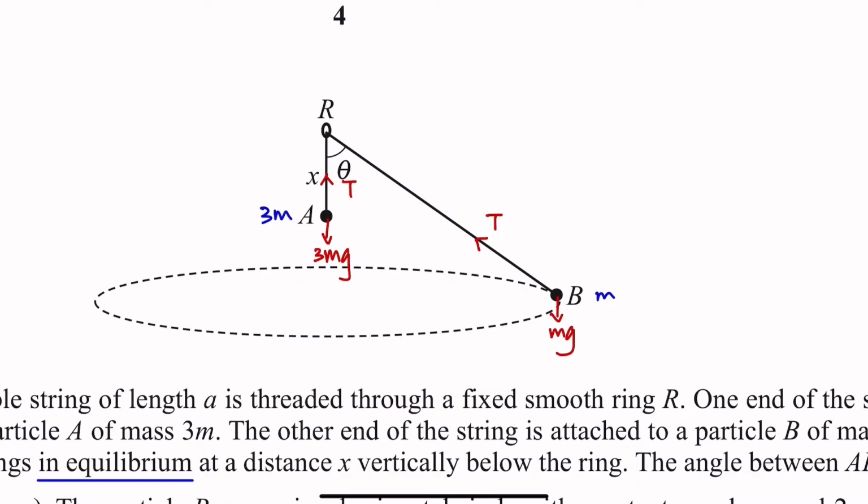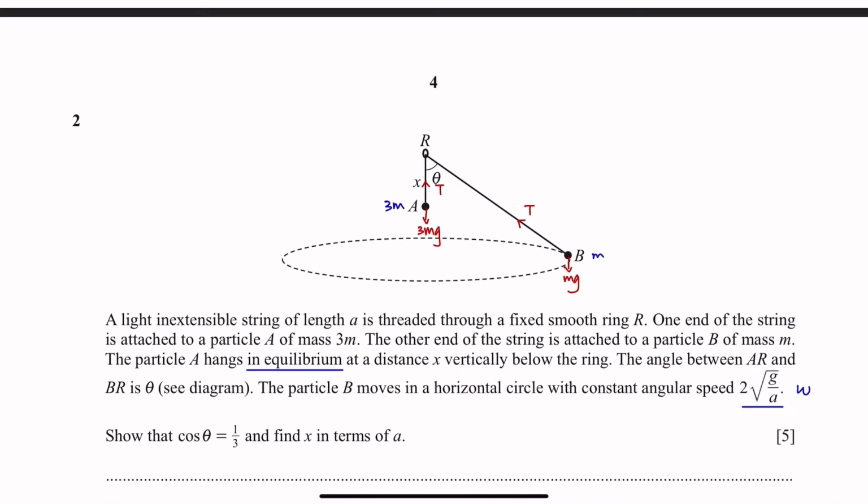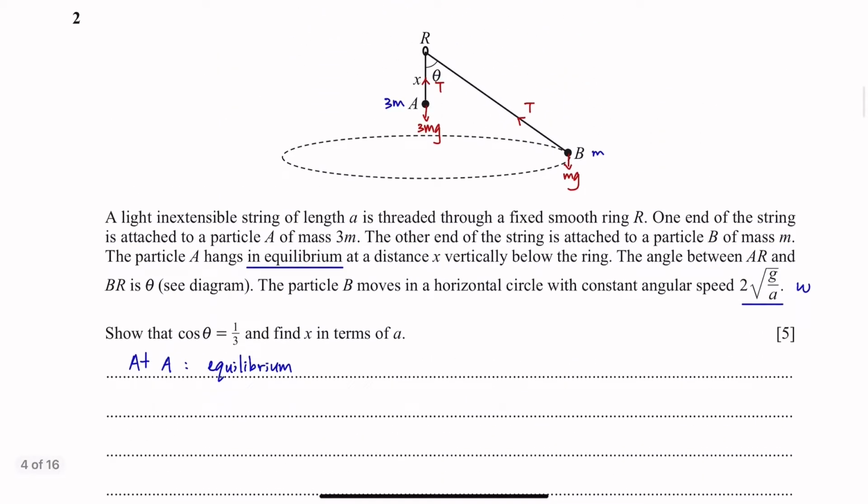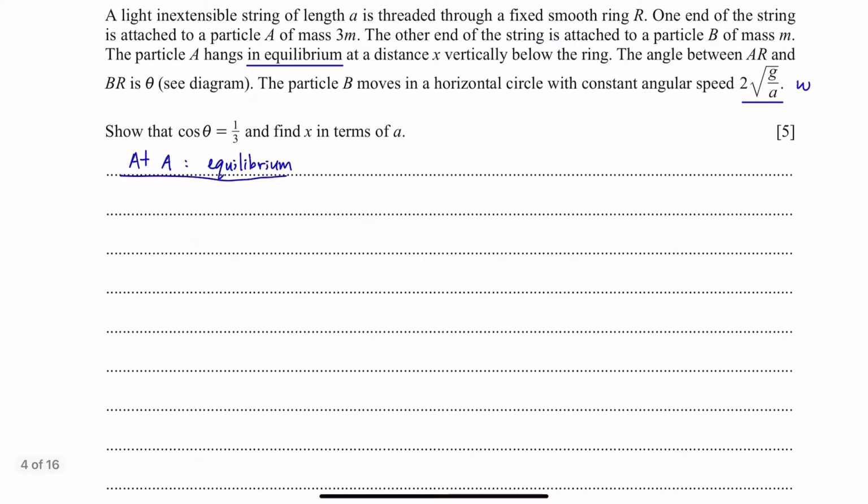Okay, so for now, we know that A is in equilibrium, right? That means the weight would be equal to tension right here. So we know that T would be equal to 3mg. This is our first info.